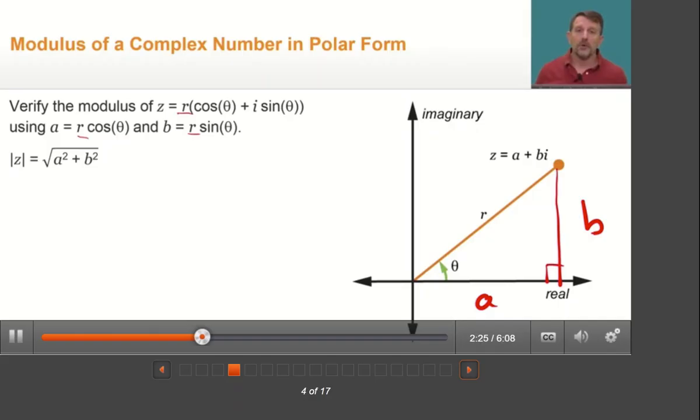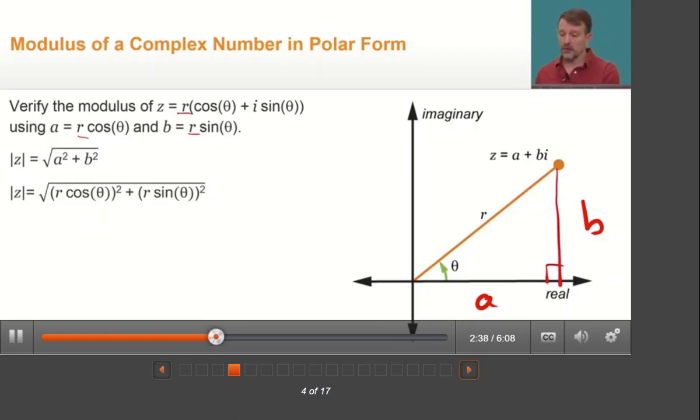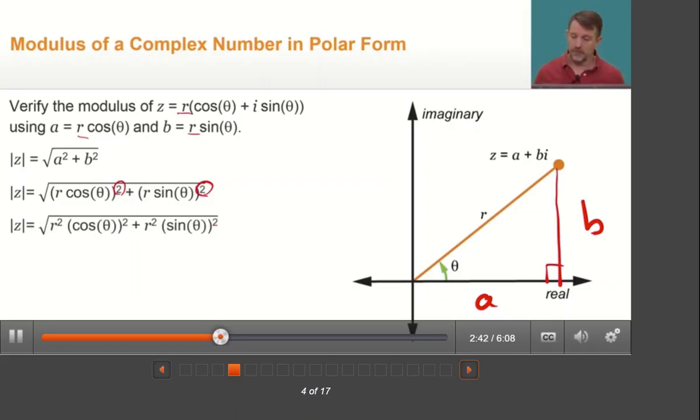Since we also know that a equals r cosine theta and b equals r sine theta, we can substitute these values into our equation. We can then square the quantities inside of the square root. Next, we're going to factor out r squared inside that square root.